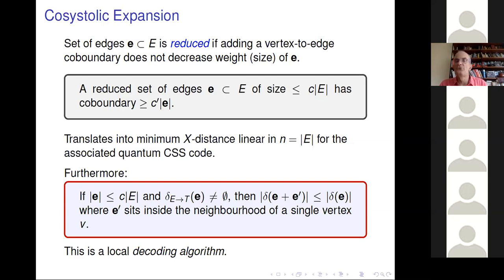So you add to it co-boundaries as long as you can reduce the weight, and when you can't reduce the weight, then you have a reduced set of edges. Now, Cosystolic expansion tells you that if you have a reduced set of edges of size smaller than something, which is actually linear in the total number of edges, then it has a large co-boundary. Its co-boundary is actually linear in its size.